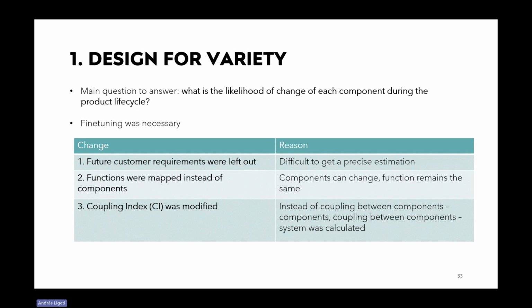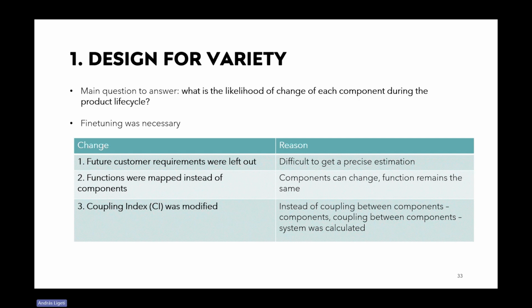So for example, if you have a pumping water function in your system, then pumping water can be replaced by different engineering solutions. And we didn't want to make the mistake of mapping a certain component in the tool, and that component is going to change over time. So we wanted to make the tool future proof, or a little bit more stable, by mapping the functions instead of the components.